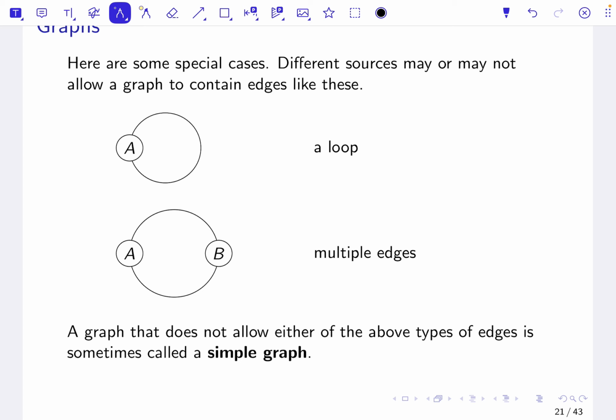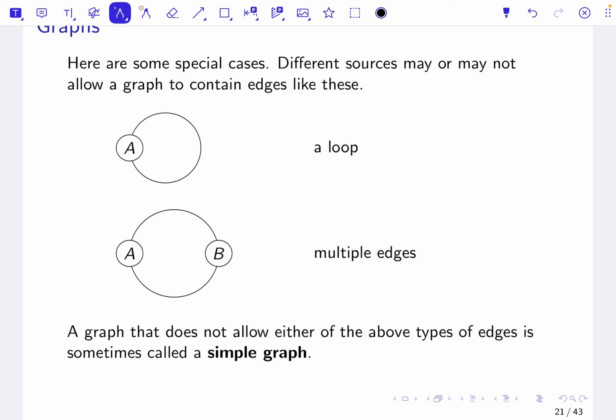Here's some more stuff that we're probably not talking about in this course. It's just some other ways you could represent graphs. A loop connects a node to itself. I suppose you would represent this as a set with one element. And then sometimes you could have multiple edges connecting two nodes.